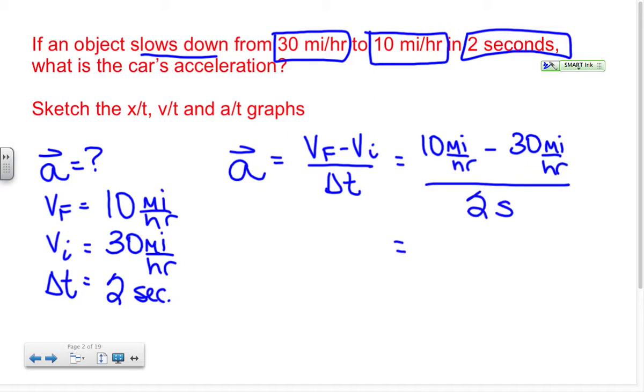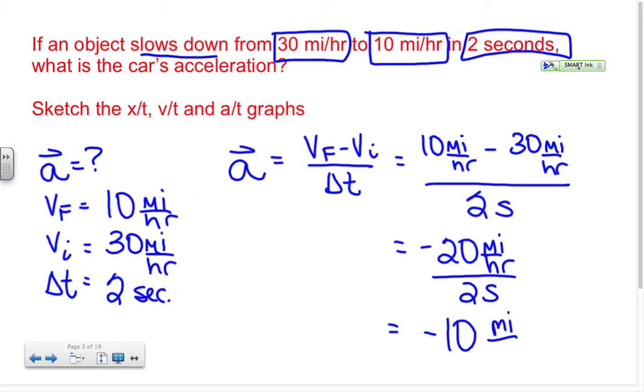Now, there's no doubt in my mind you can do the math on this. I get a negative 20 miles per hour, all that divided by 2 seconds. So your final answer is going to be a negative 10. Notice what my unit is. It's a mile per hour per second. All I did was I simply took my units that I had all along, and I just shifted those down. This is why we don't use the divide sign, right? I'm going to go ahead and use a line to show division.